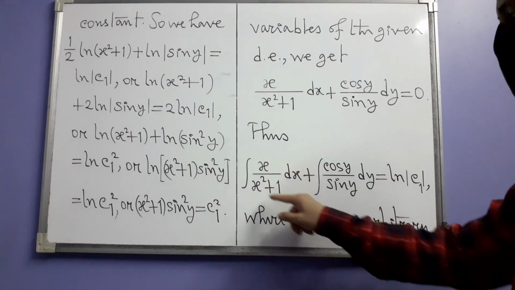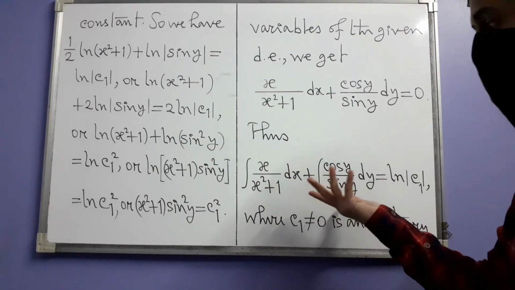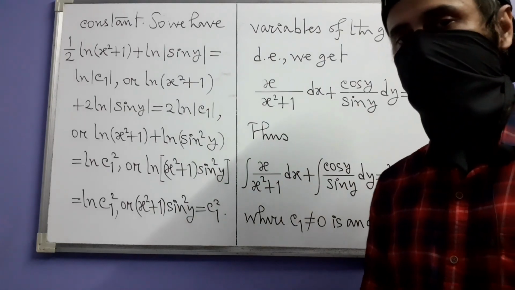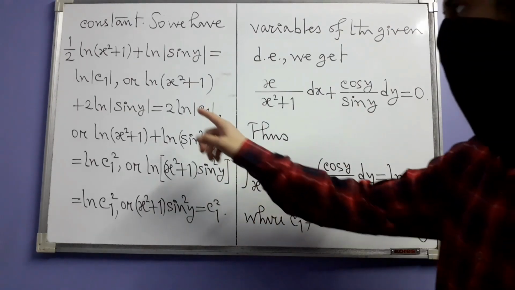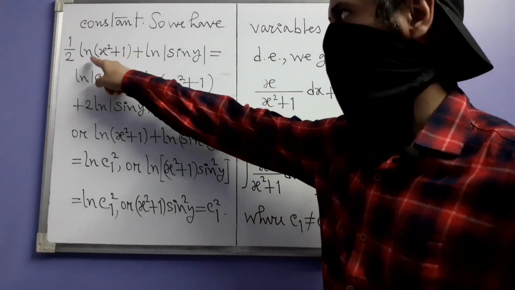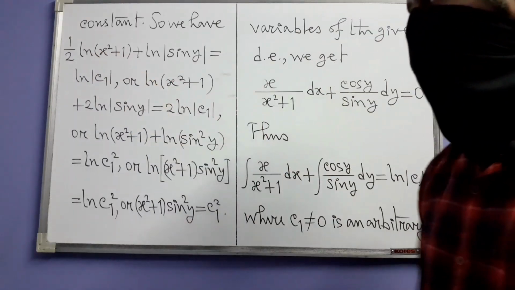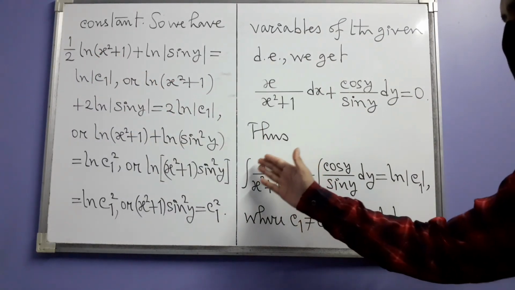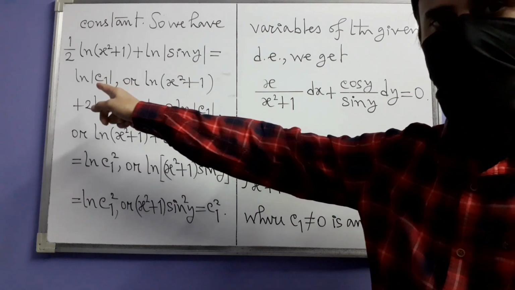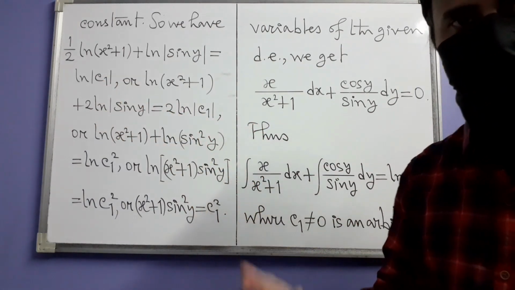So what do these integrations give you? The first integral is 1/2 of natural logarithm of x square plus 1. I am not going into the details of how this is equal to this, that you already know from calculus.